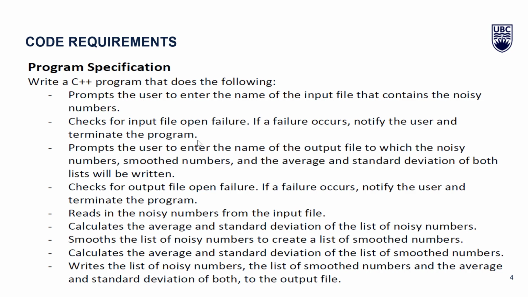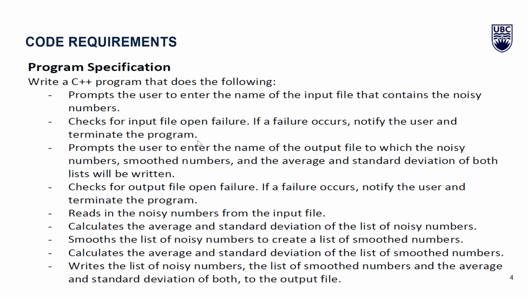And after that, you are required to ask the user to enter the name of the output file to which the noisy numbers, the smoothed numbers, and the average and the standard deviation of both lists will be written. And after that, again, you will check for output file open failure. If a failure occurs, notify the user and terminate the program.